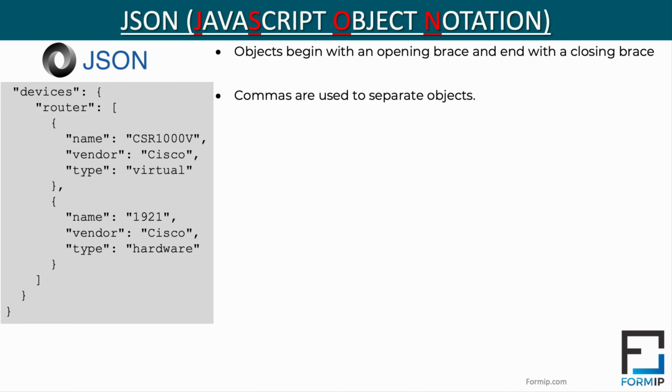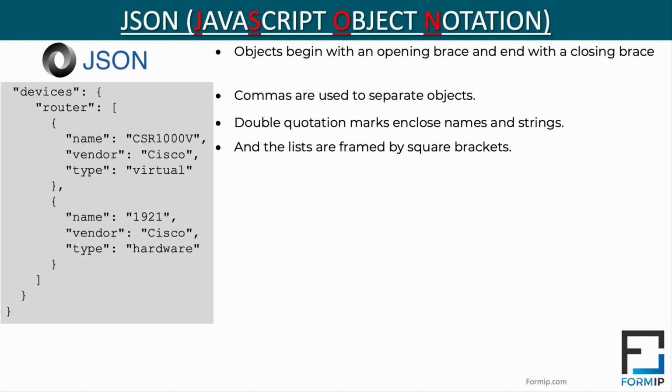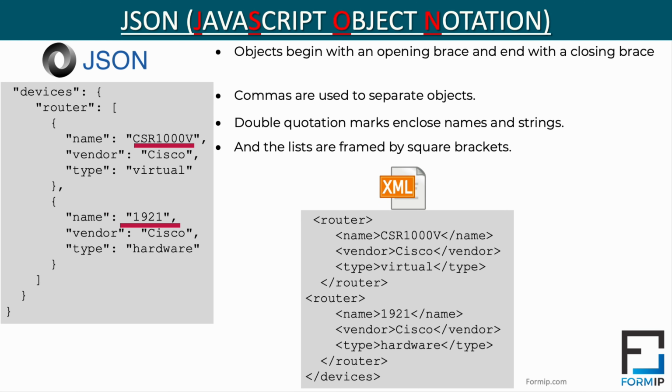Objects begin with an opening brace and end with a closing brace. Commas are used to separate objects. Double quotation marks enclose names and strings. And the lists are framed by square brackets. In the example, we see the information of our routers, CSR1000V and 1921.